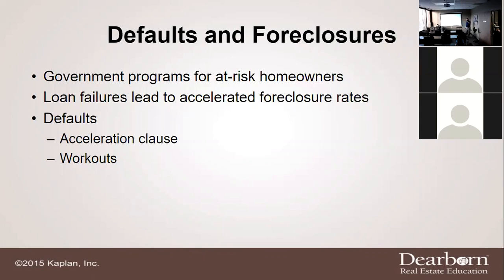So if Miss Davenport's the government, and she tells you, I'm giving you a guarantee that if you lend money to Mr. Eugene, if he doesn't pay, I will pay you, you're more likely to give him that money, okay?